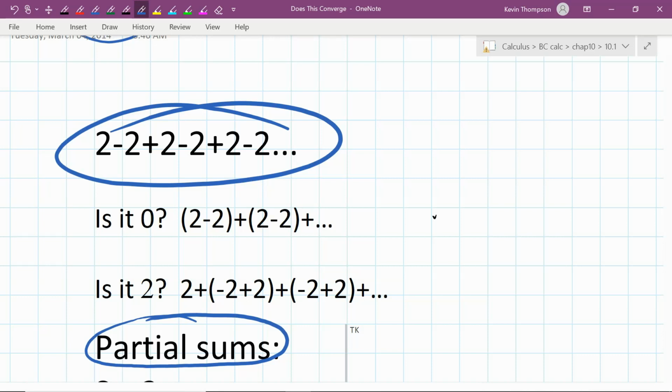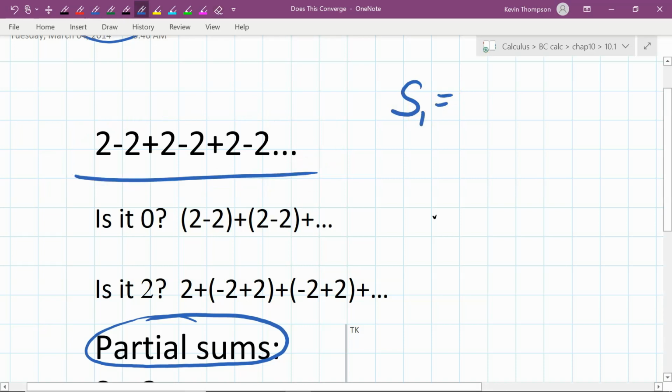So partial sums just means adding up part of the series, okay? So if I want the first partial sum, we label that S1. It just says, take this thing, add up the first term, so that answers 2. So I'm going to write that down. I'm making a new list, so 2.